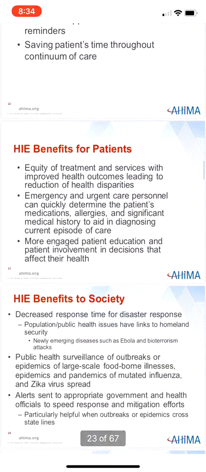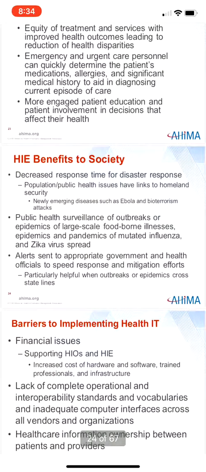All right, next section, the benefits to society. Equity of treatment and services with improved health outcomes leading to a reduction of health disparities, which was one of our same ones for the patient itself. Decreased response time for disaster response. Many population public health issues have links to homeland security, such as newly emerging diseases such as Ebola and bioterrorism attacks.